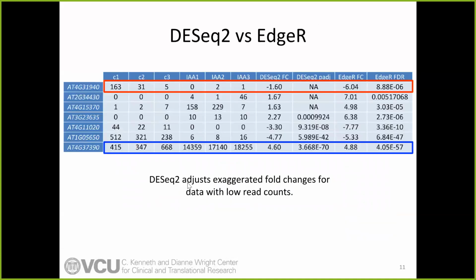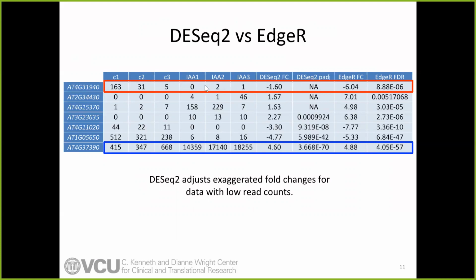And this is just an example comparing DESeq2 to EdgeR, where you can see here you have 3 controls, and these are the 3 experimental conditions. These are all really low read counts. DESeq2 gives it a negative 1.6 and does not even bother to calculate a p-value, whereas EdgeR gives it a negative 6 fold change with a very significant p-value.